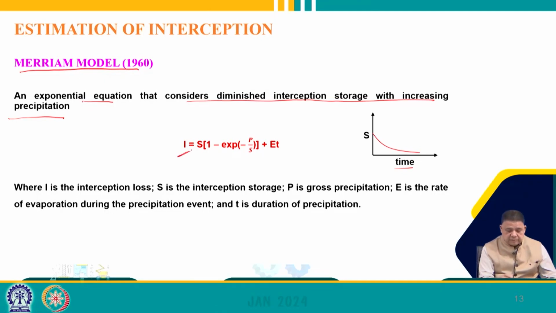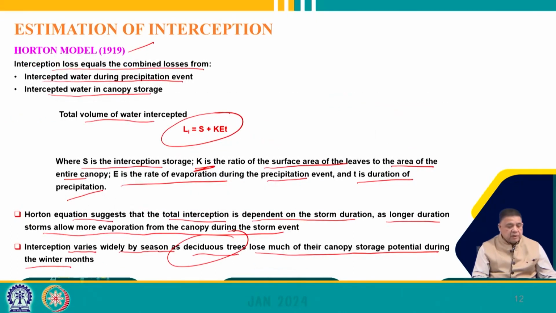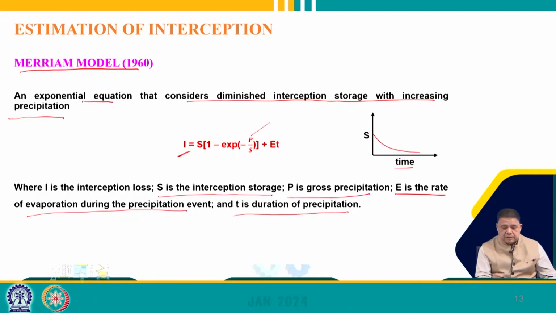I is the interception loss, S is the interception storage, P is the gross precipitation, E is the rate of evaporation during the precipitation event, and T is the duration of precipitation. It is just a modification of the Horton model, given in exponential form; that was more in linear terms, and this is more exponential.